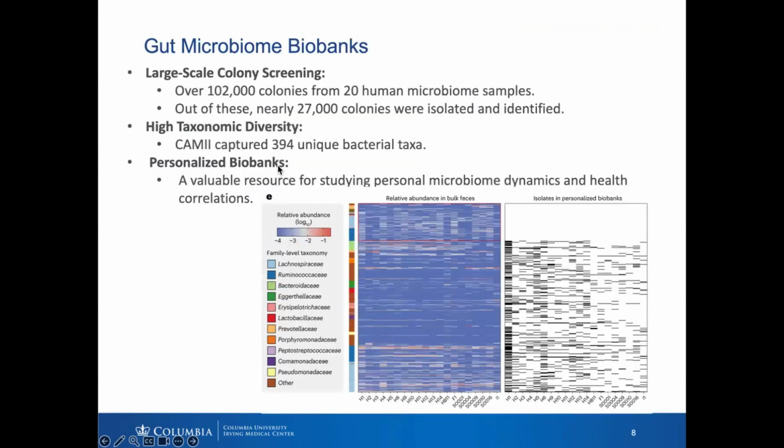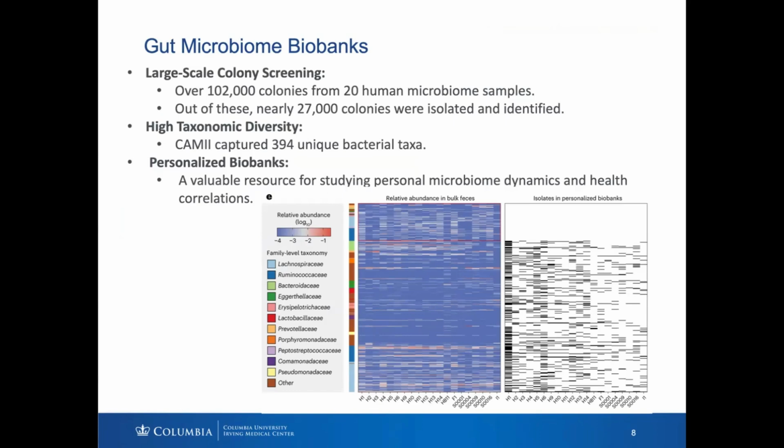All right, so we have some results to share from the paper by leveraging the system of culturomics. We were able to extract fecal samples from, I think, 16 humans, and also a few other sources. But over 100K colonies from 20 human microbiome samples, those were fecal.